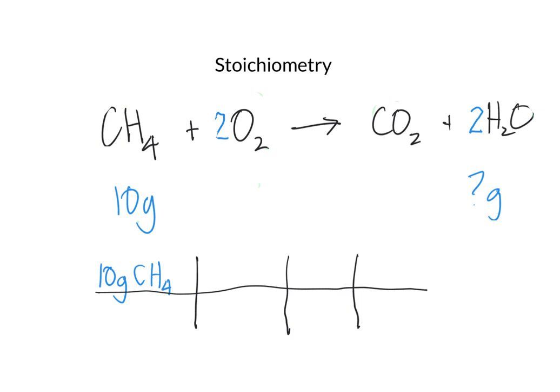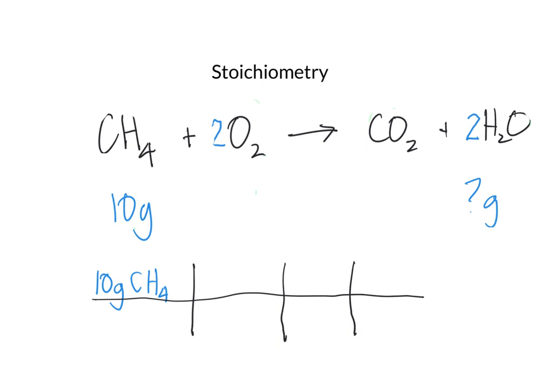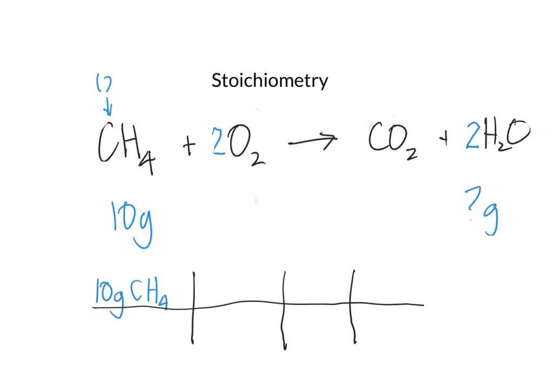So in this case, I need to know the molar mass. We'll use molar masses a lot when doing stoichiometry. And molar mass is how much 1 mole of that substance would weigh. If I look on my periodic table, I see the mass of carbon is 12, and the mass of hydrogen is 1, and I've got 4 of them. That means total, when I add all of that up, I get 16 grams of CH4 per mole of CH4.